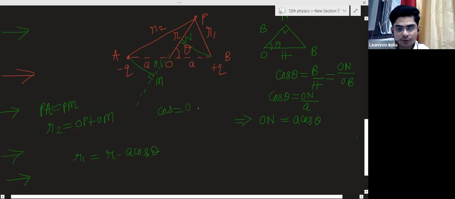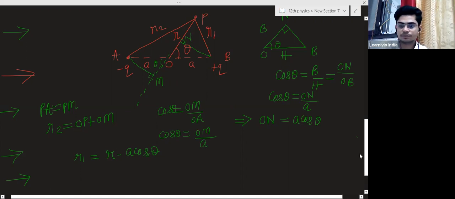So what will be cos theta? OM divided by OA. Cos theta is equal to OM divided by A.